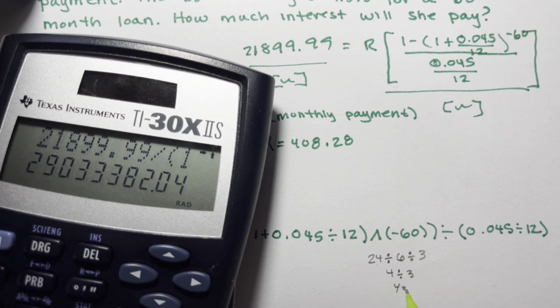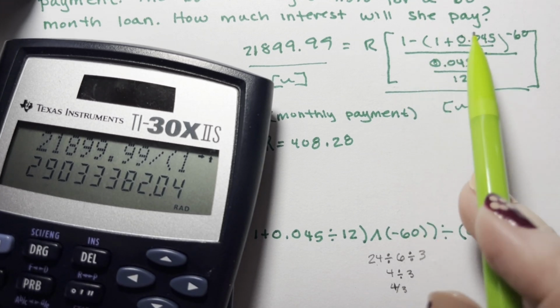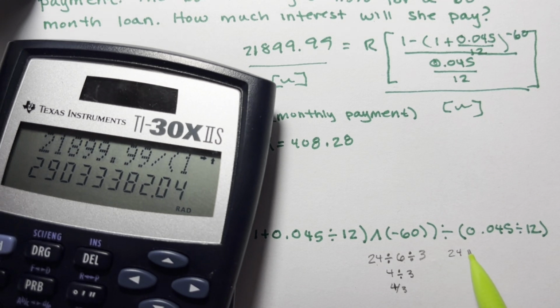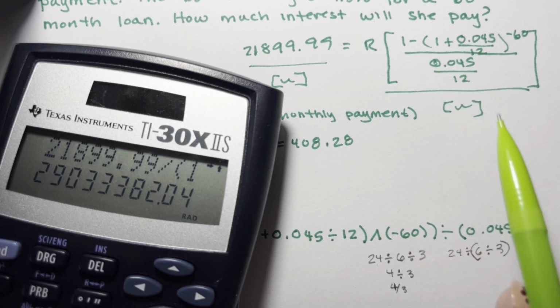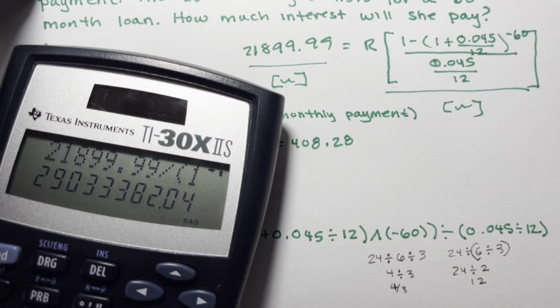I'm just going to leave it as a fraction. But in this, we want to divide this back half first. So 24 divided by 6 divided by 3, we want to force that to divide first. We need this divided first. So we put parentheses there. 24 divided by 2 is 12. Those are not the same answer.